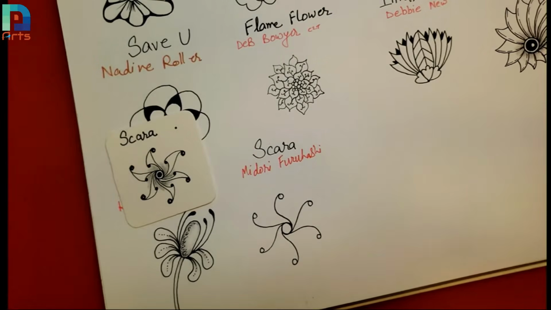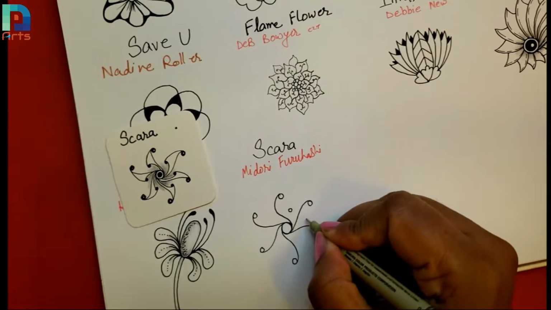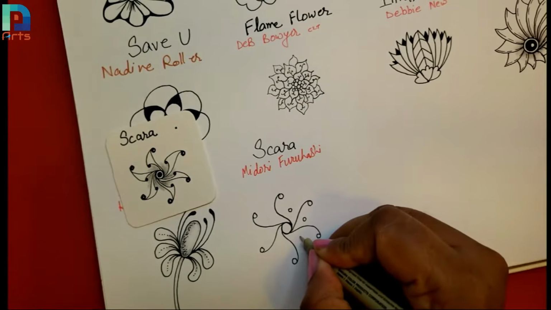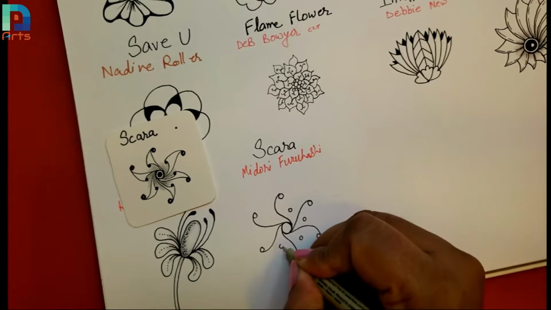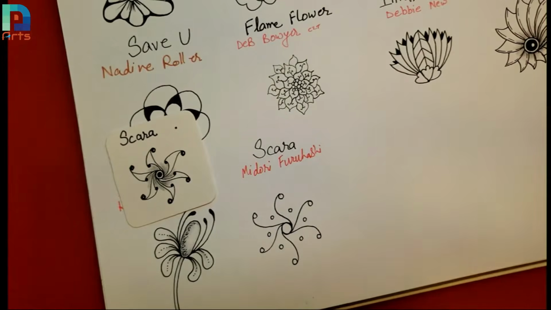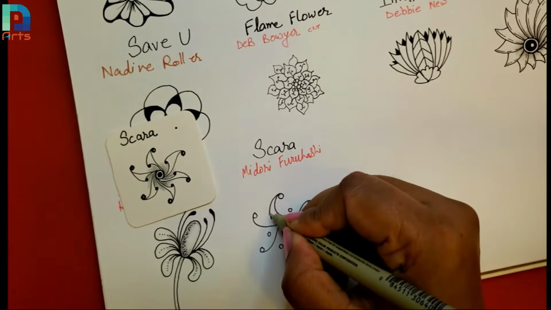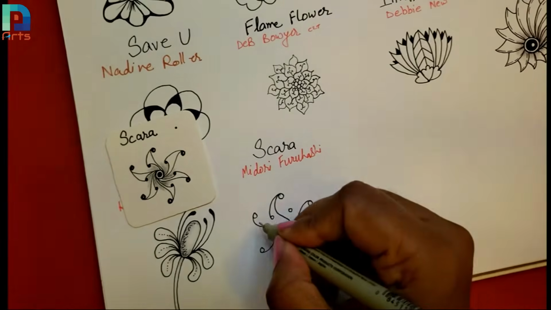After this, we are going to draw 6 more circles in between these sections. And this time we are going to use the C curve only. Start from the outer and just join it, just with the C curve.